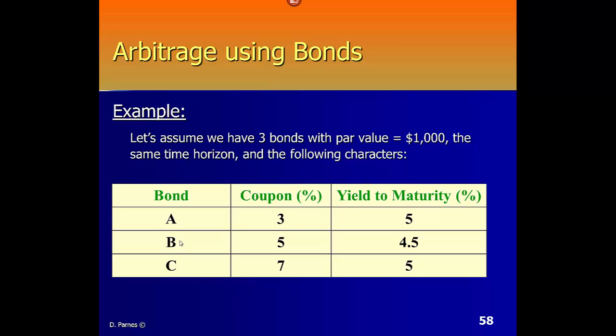Now, at the same time, you are the issuer of bond B. You are the seller of bond B. Whenever you are the issuer, you are responsible for paying your investors the coupons, the $50. So every year you collect $50 from the portfolio of bonds A and C, and you have to pay $50 to your investors because you are the issuer of bond B. You collect 50, you pay 50. You collect 50, you pay 50. These cash inflows and cash outflows cancel each other.